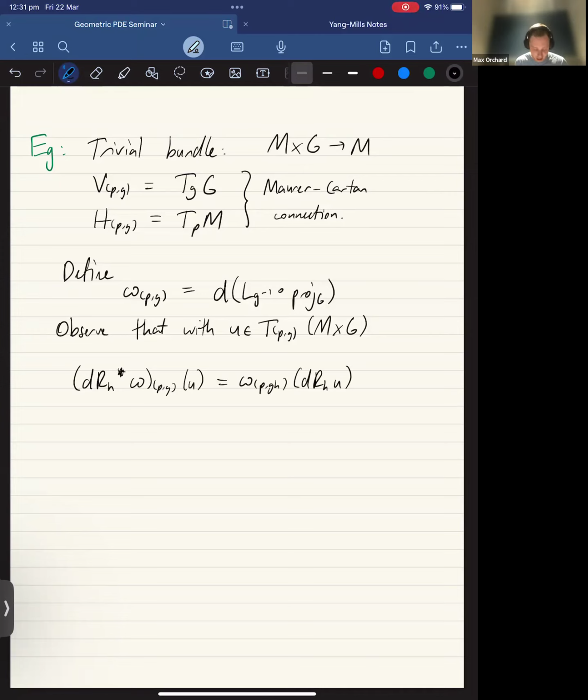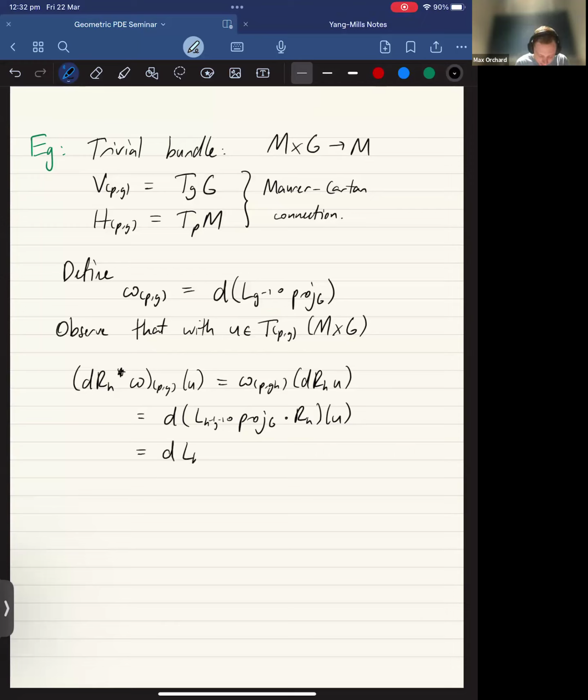But remember, the definition of omega is exactly L G inverse composed with this projection here. But because we're doing it at the point GH, we have to multiply by GH inverse when we look at this G inverse here. You can see this corresponds to G inverse. So when we evaluate this at GH, we have to look at GH inverse, which gives us this H inverse G inverse here.